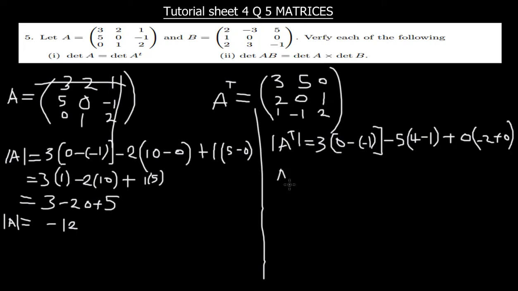So the determinant of A transpose will give us what? We know that 0 times everything there will get a 0, then negative times negative 1 you get a positive 1, positive 1 times 3 you get your 3 there, and then this is 4 minus 1 you get your 3, 3 times negative 5 you get your negative 15. So when you simplify this, you get your answer to be negative 12.